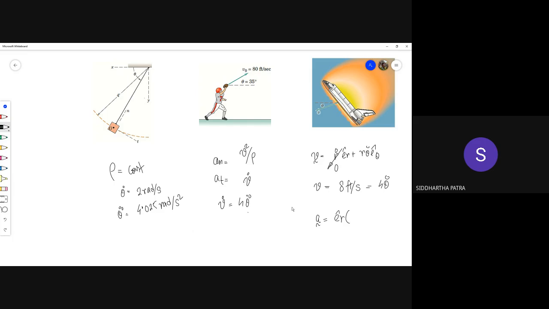But even if you want to use the r theta coordinate system, I would rather appreciate that.